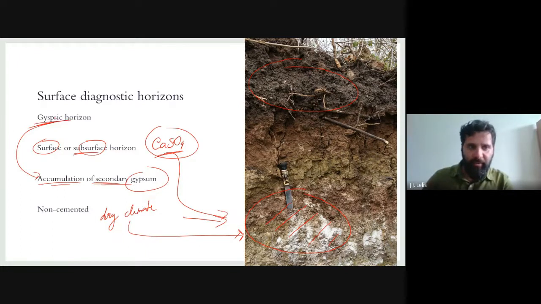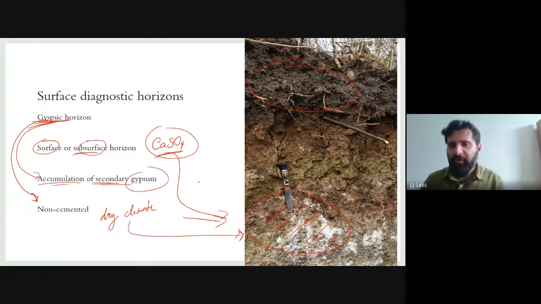The gypsic horizon is a non-cemented horizon, so we can easily use a knife to take some pieces of this material. It presents a soft or hard consistence, but it's not too hard, so we can easily break it with a knife or some tool.